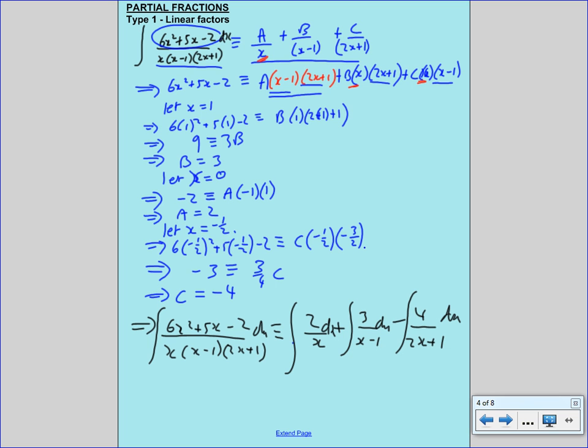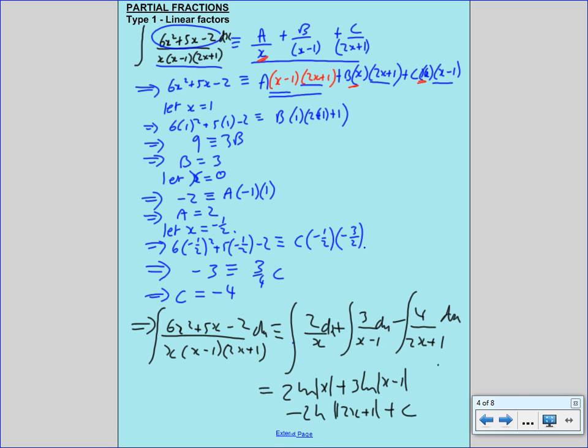So if I integrate both sides with respect to x, this would give me 2 log mod x plus 3 log mod x minus 1, minus 4 log 2x plus 1, but that would integrate to 2, so that would become 2 log 2x plus 1 plus c.